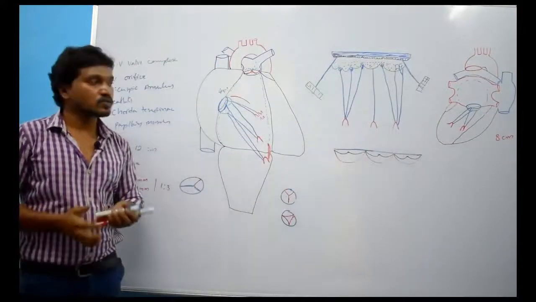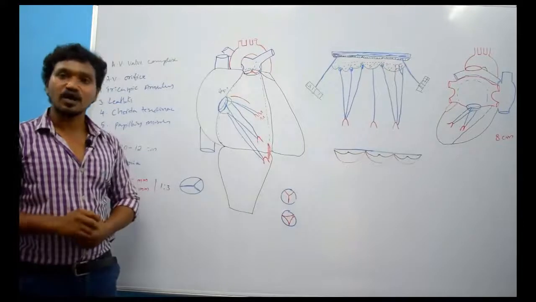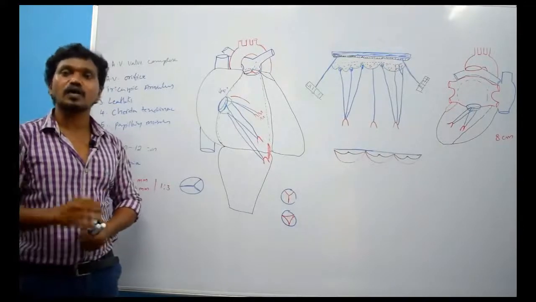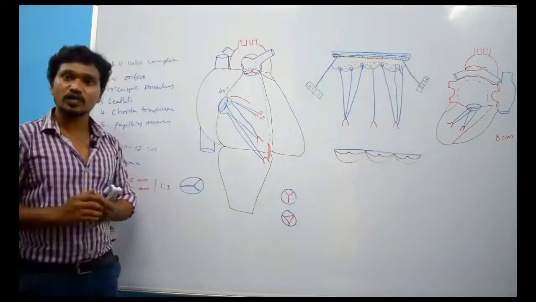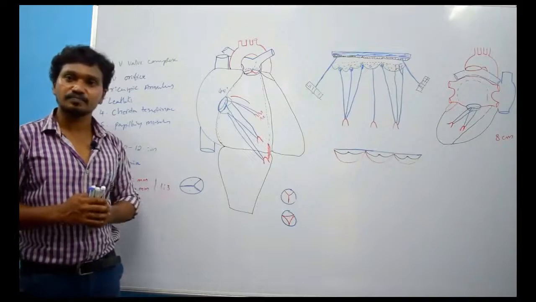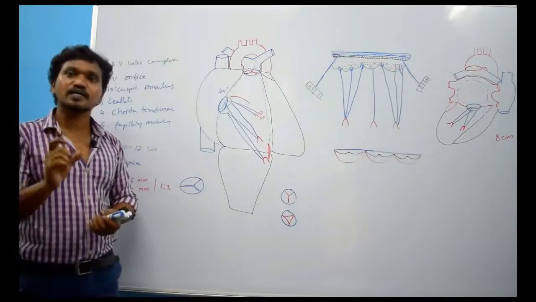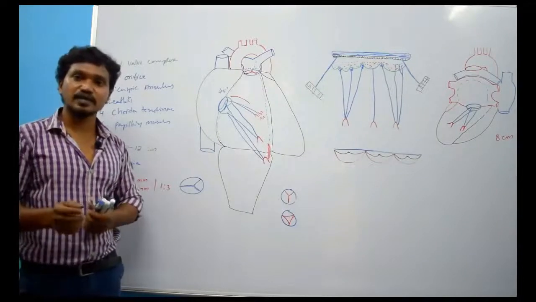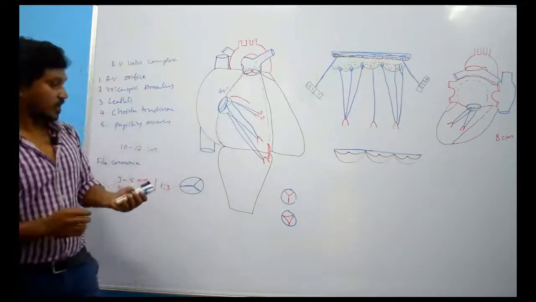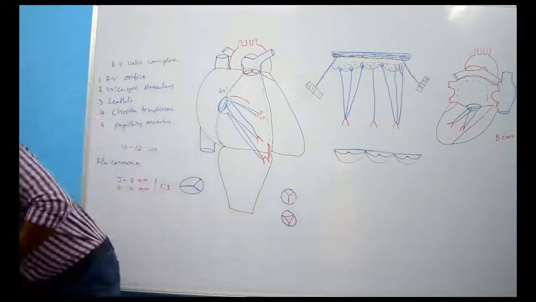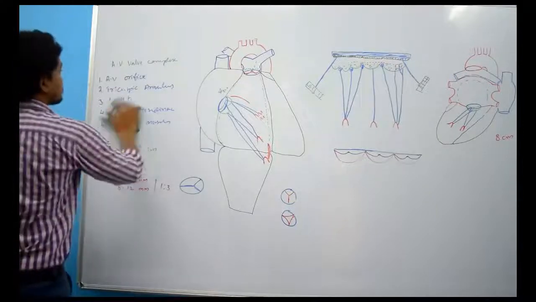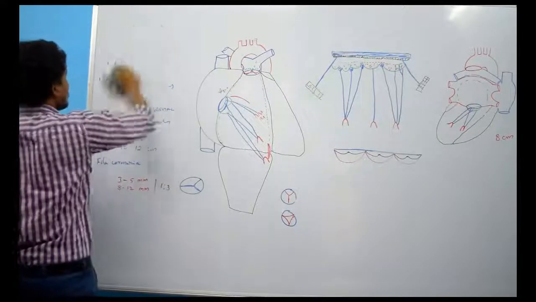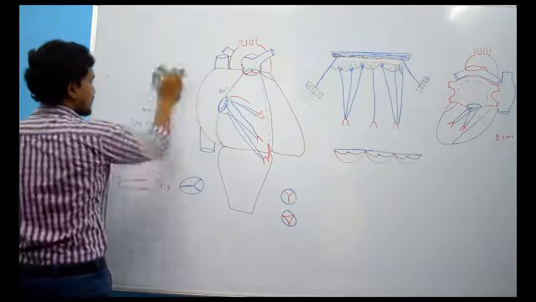Clear? So that orifice or that valve, we call it mitral valve. Why are we calling it mitral? It is looking like a mitre. What is a mitre? Let me draw one diagram so that you can understand. I hope you must be aware of it. Mitre.